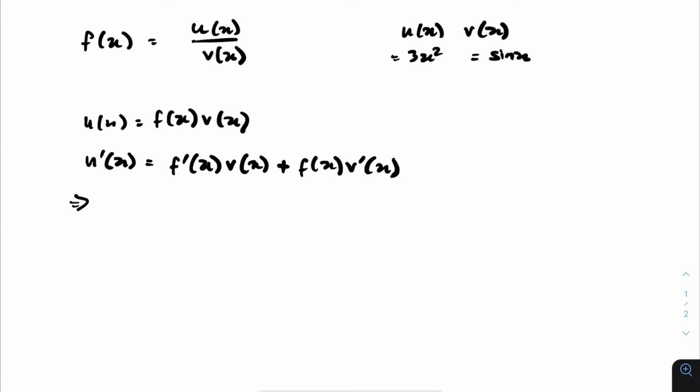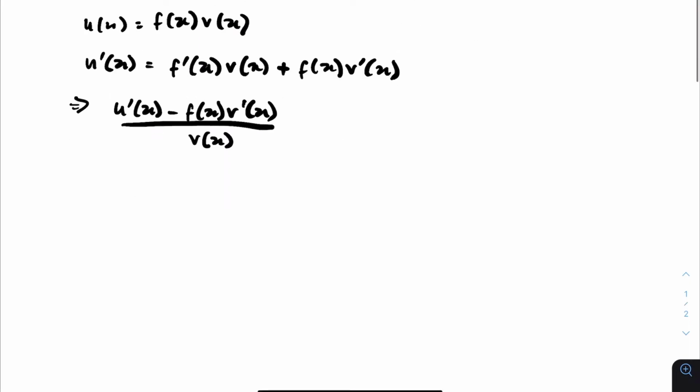So if we rearrange this, we get u prime of x minus f of x times v prime of x, over v of x. So you might think now we're done, but the thing is we're not. Well, what we have to first do before we can complete this is get rid of the f of x. But that's simple enough, really.